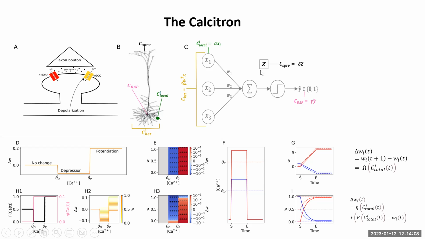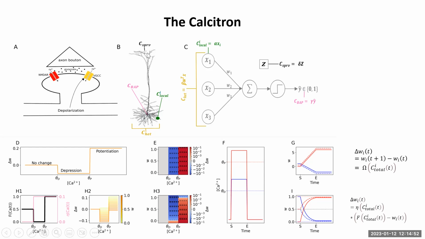And then finally, we have an external supervising signal. For me, this is inspired a lot by Christine Grienberger's work on the entorhinal cortex to hippocampus circuit, where you have a supervisory neuron or a supervisory signal that comes to the apical tuft of these pyramidal neurons, and that creates this large plateau, which in principle can depolarize the entire neuron, which causes calcium to come through these voltage gated calcium channels.